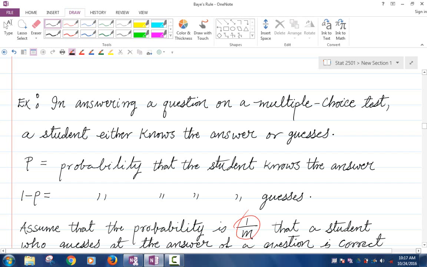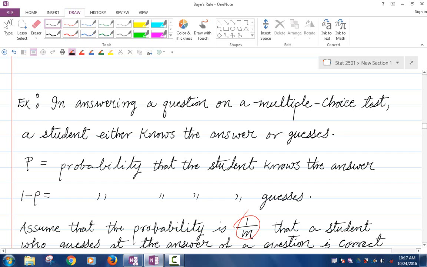We're going to denote by P the probability that the student knows the answer, and 1 minus P will be the probability that the student guesses. Okay?